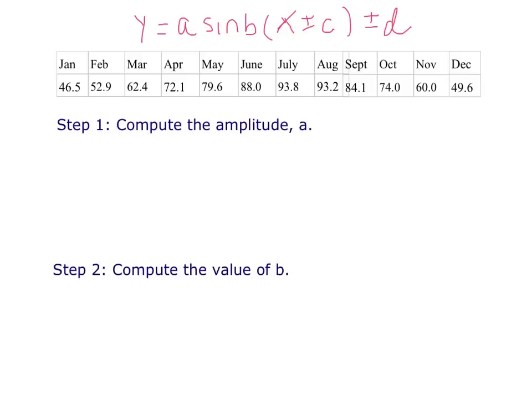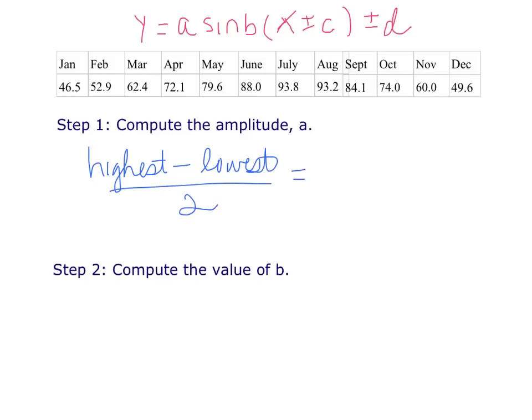A, remember, computes the amplitude. So the amplitude is going to be halfway between the lowest temperature and the highest temperature. So in other words, we take the highest minus the lowest temperature and divide that by 2.